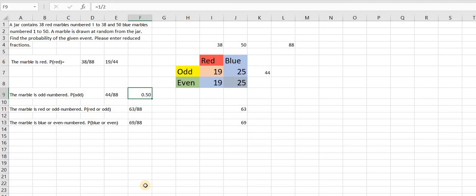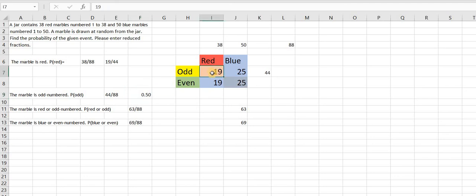I hope this video helped you understand this type of question. It is very tricky to find the OR event, but keep in mind, if you understand what the OR event means, it's just combining both of the events without repeating. And keep in mind, in this table, the events are not mutually exclusive, so you will need to pay attention to those numbers that satisfy both conditions.